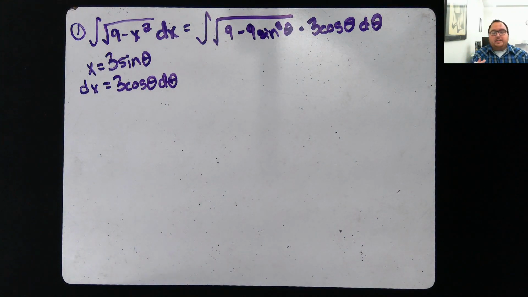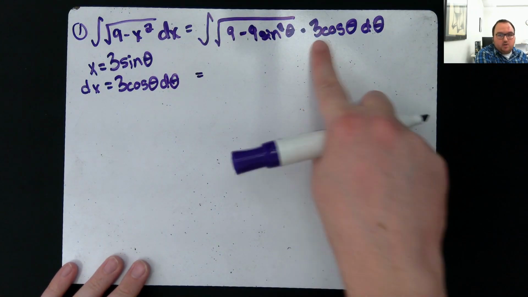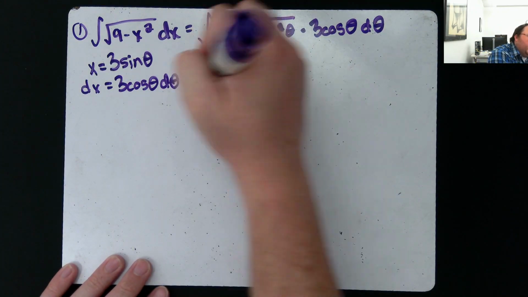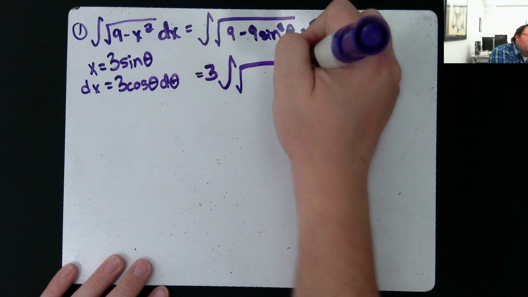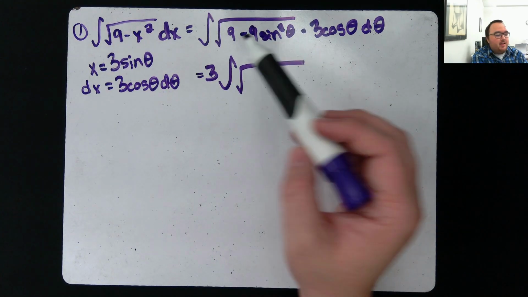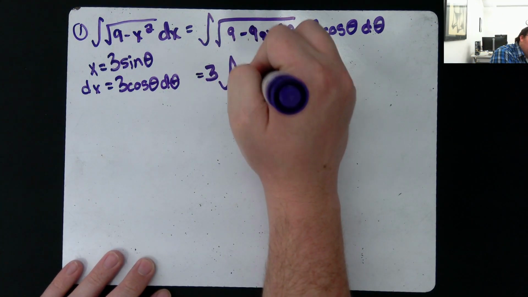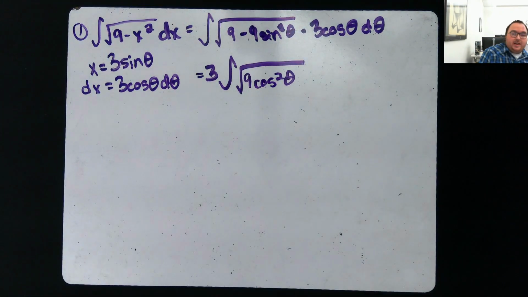So now I'm going to see if this can help me, because right now it looks really gross, but I'm going to try to rewrite this so that it's not that bad. First things first, I have a constant of a 3, so I can bring that out front. 3 integral square root. Let's look at 9 minus 9 sine squared. Just like our rule said, 9 minus 9 sine squared is the same as 9 cosine squared, which is really nice.